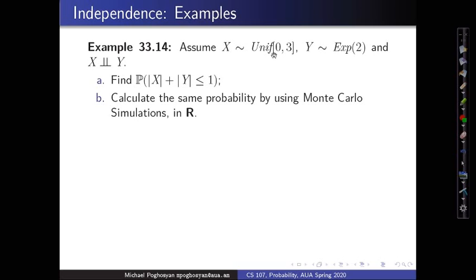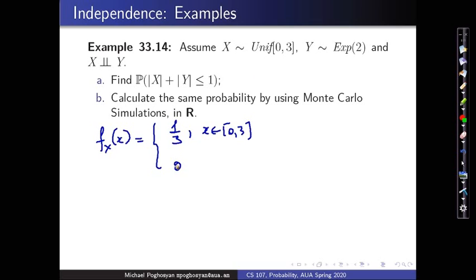In fact, because X is uniform from 0 to 3, X is taking values from 0 to 3, it is non-negative. Y is exponential, it is non-negative, so I could just skip that, but okay, I'm writing it this way. I'm starting from the individual PDFs first. For X, this is 1/3, the PDF of uniform, if X is between 0 and 3, and 0 otherwise.